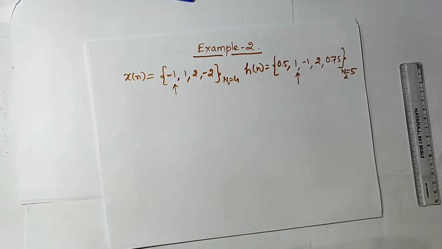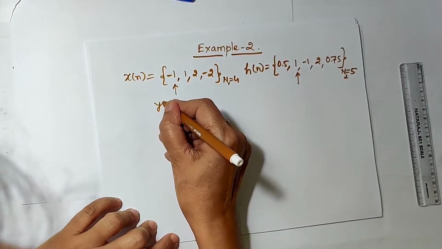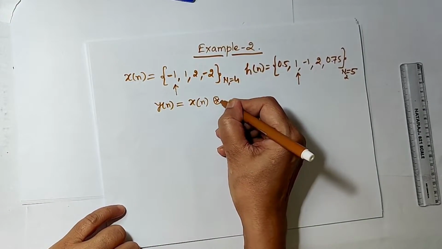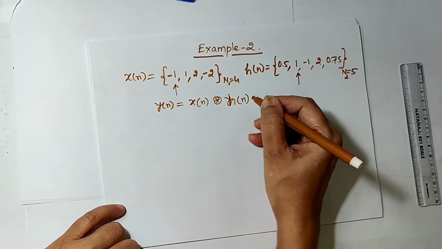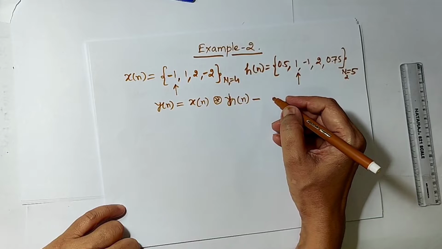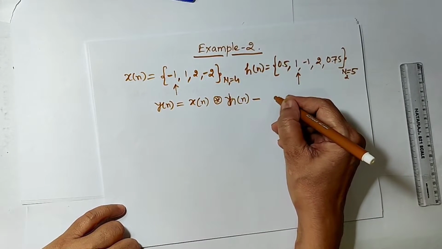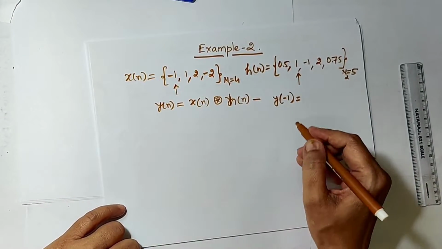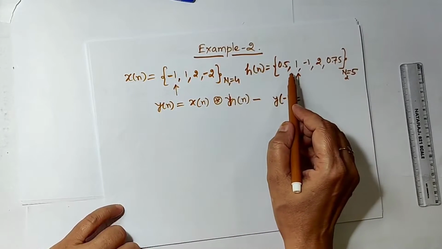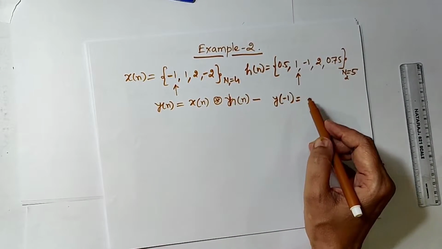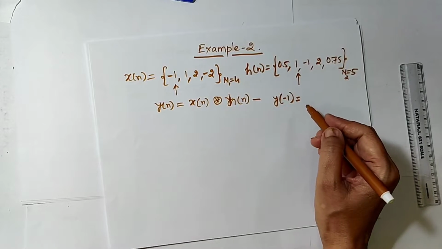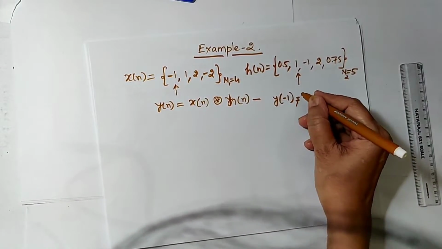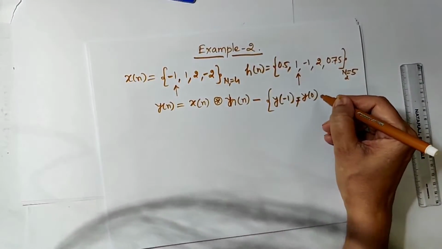How to manage it? By definition we know that yn will be the linear convolution of xn and hn, whose length will definitely start with y of minus 1. When we linearly convolve, the resultant sequence will not start at 0, it will start with y of minus 1 and so on.